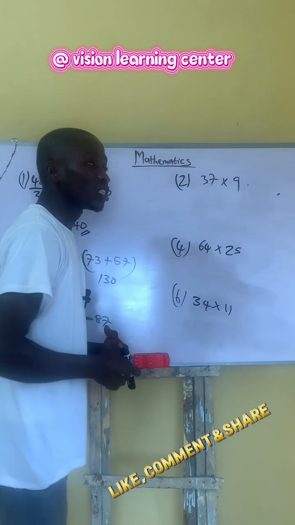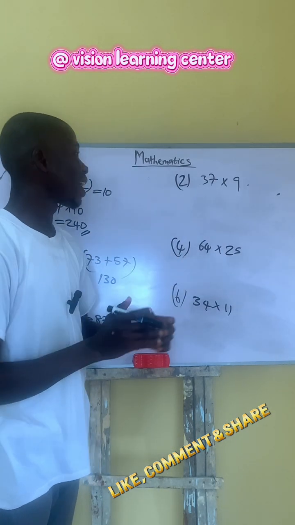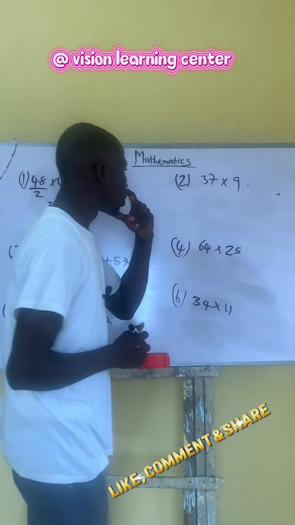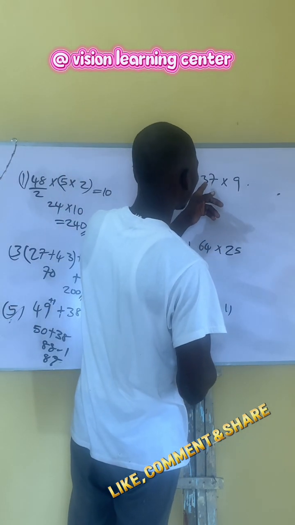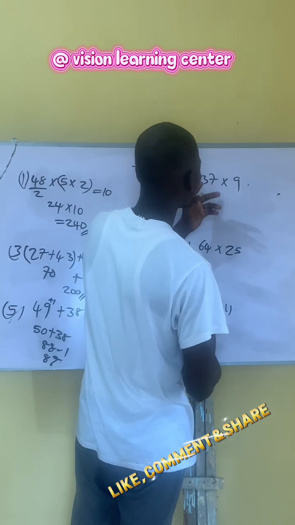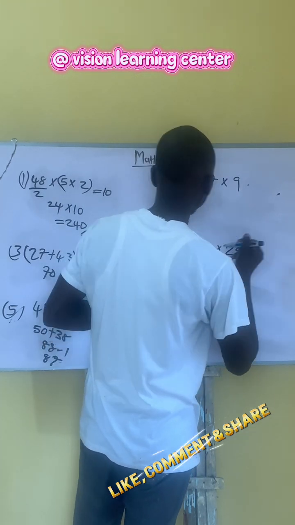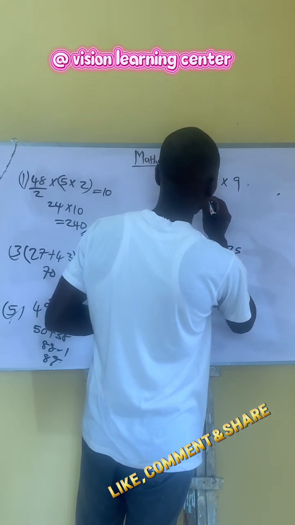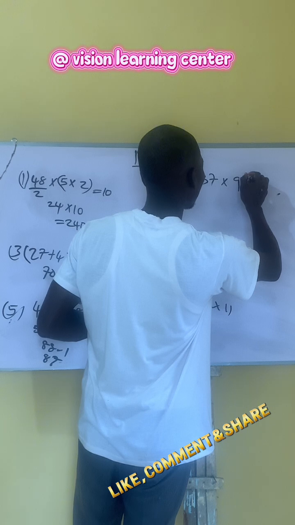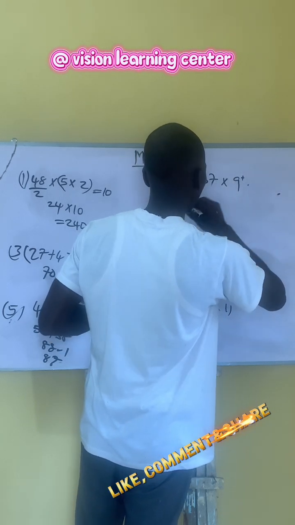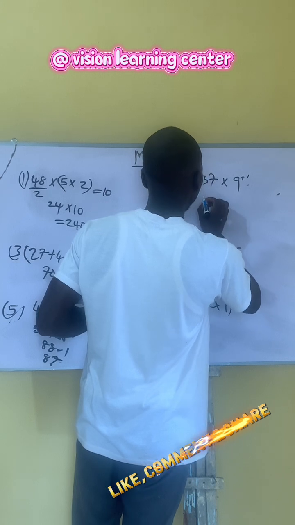Okay? Let's solve this one. This problem is applicable to numbers multiplying with 9. We do the same thing we did before. We are given 37 times 9. We make 9 a round number as we did before. Adding 1 gives us 10.